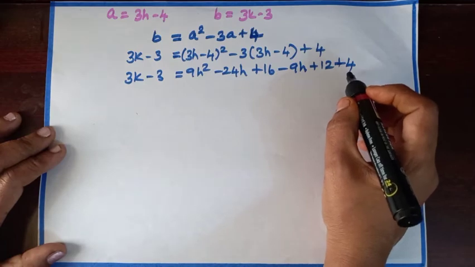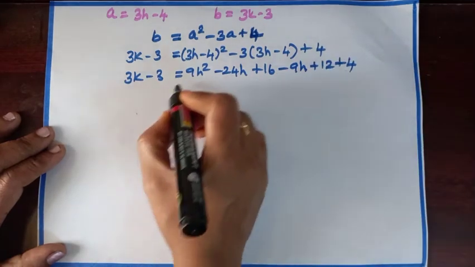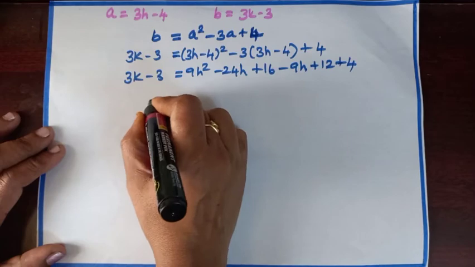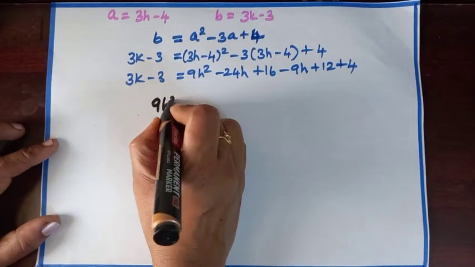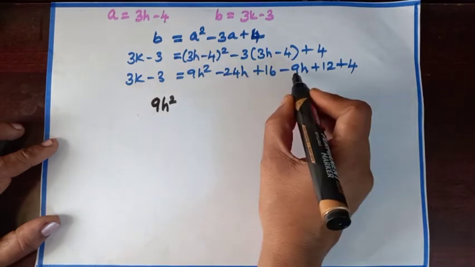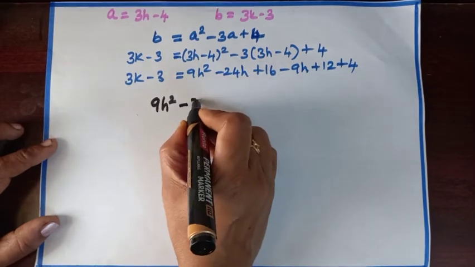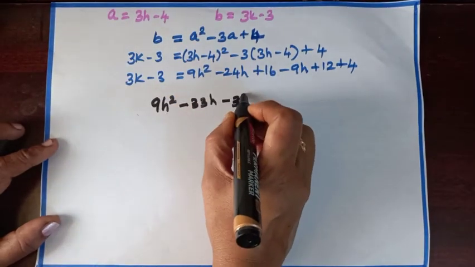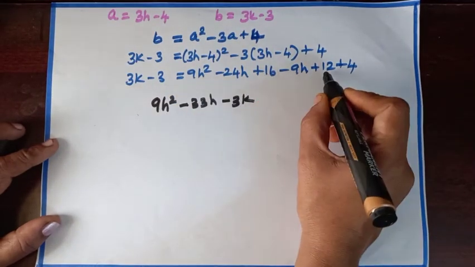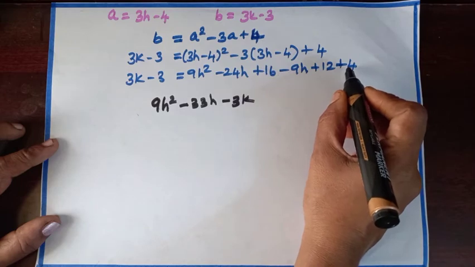Now I am going to collect all this into one side. 9h square minus 24h minus 9h is minus 33h, plus 3k will become minus 3k. 16 plus 12 plus 4 is 32.